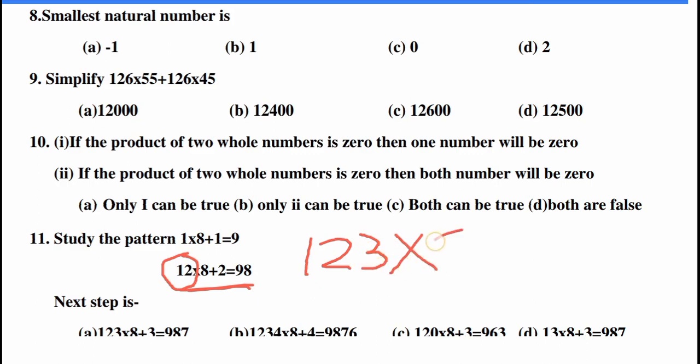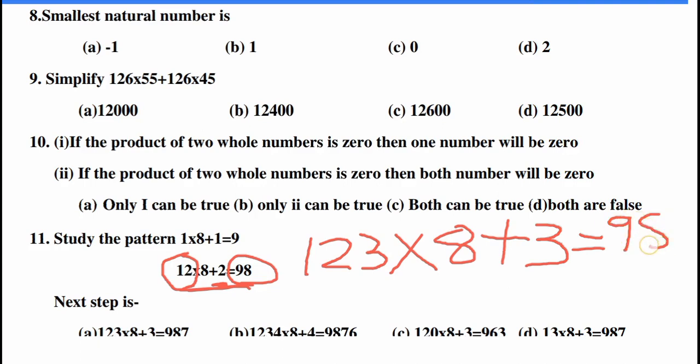Then we write multiply by 8 as it is. Then we take the successor of 2, which is 3, and is equal to, now here we take 3 digits, that is 987 in descending order. So this is the next step, and now we check in the options which is the correct answer.